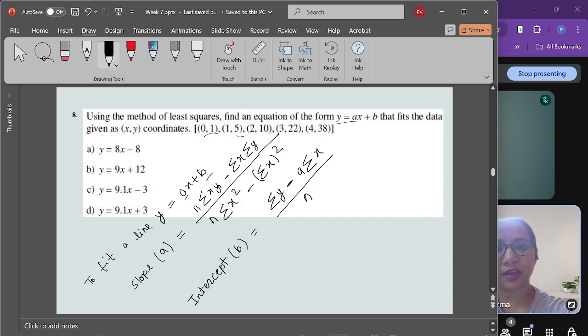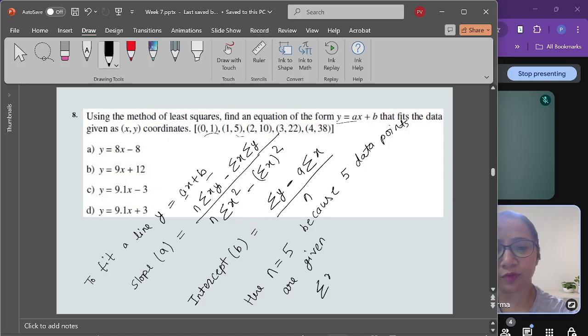N, that is 5. 1, 2, 3, 4, 5. 5 data points are given. So here n is equal to 5.